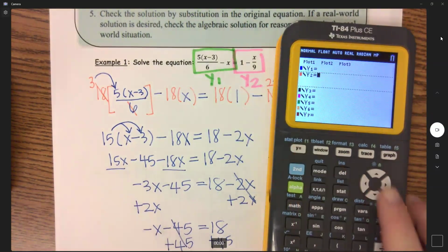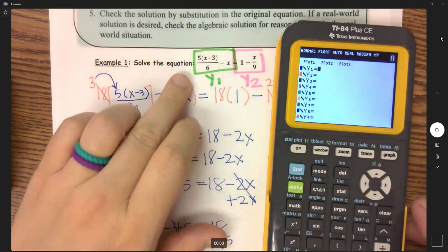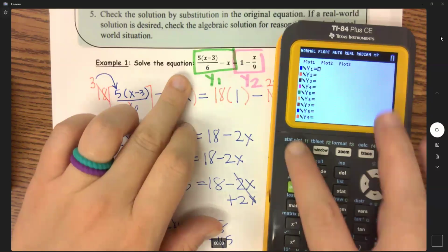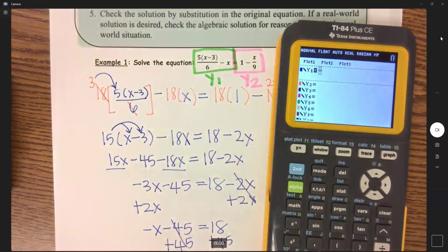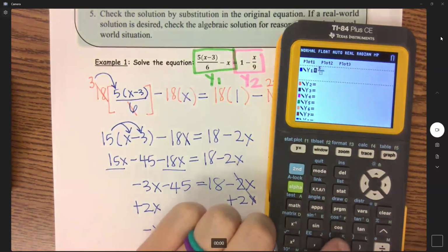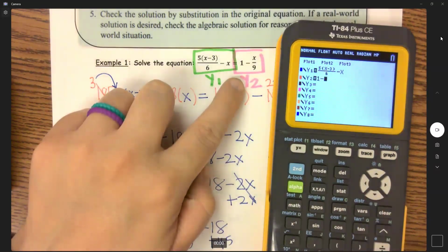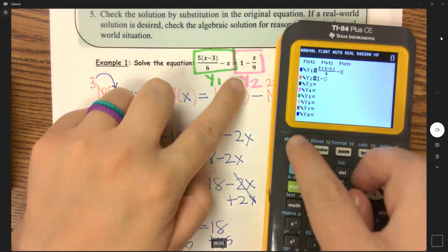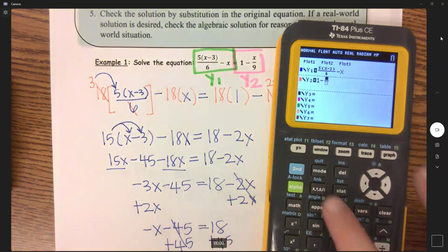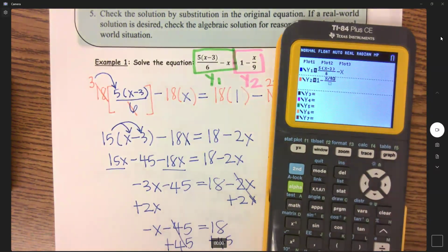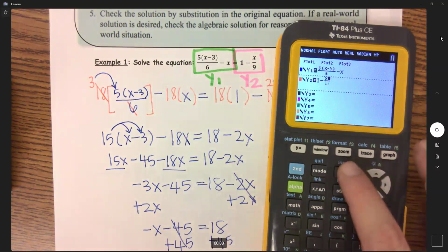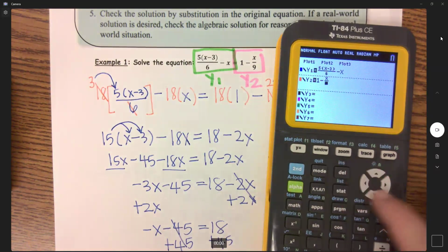So clear everything out. Use your fraction key. So alpha y equals n/d. We have 5 parentheses x minus 3 on the bottom 6, arrow over minus x. And then 1 minus alpha y equals n/d x/9.